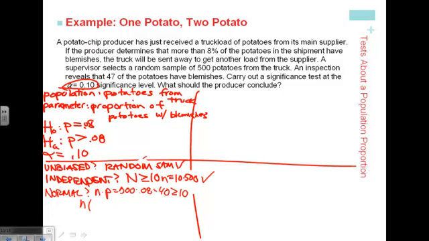The number 47 is going to come into play when we find P-hat. Good question. Okay. N times 1 minus P, which is 500 times 0.92, which I believe is going to be 460, which is greater than or equal to 10. Okay, we have normality.